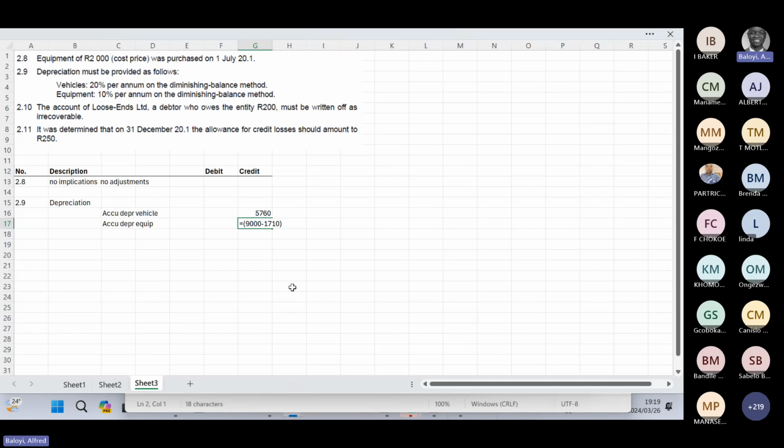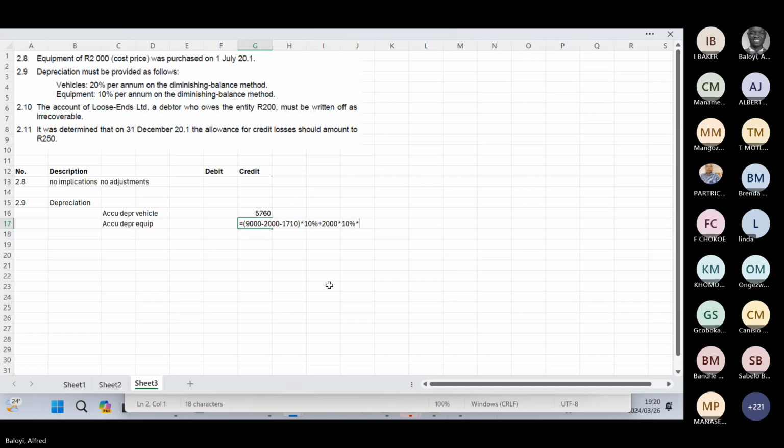Remember what I told you about 2.8, that from the 9,000 you have to subtract 2,000, which is the equipment that was purchased during the year, and then you multiply this by 10%, and you add the 2,000 multiplied by 10% for how many months?